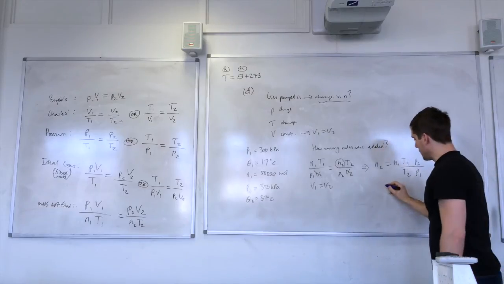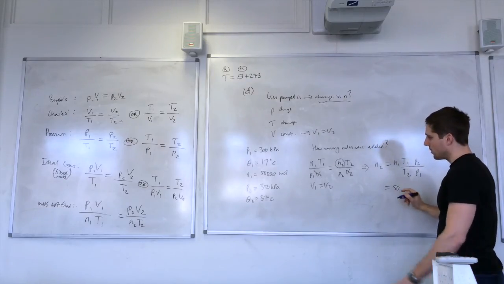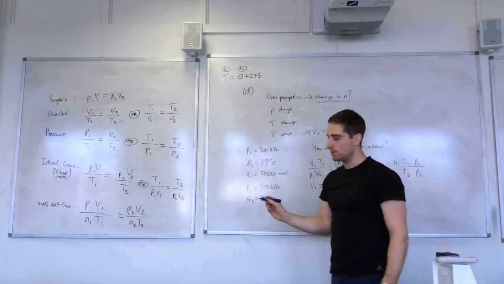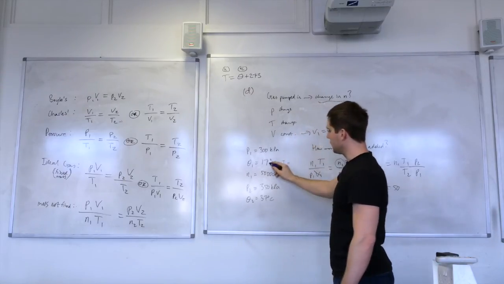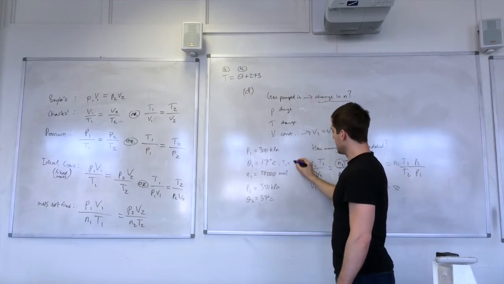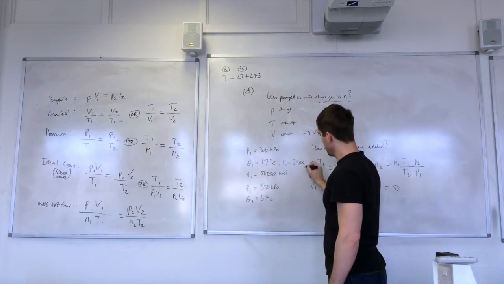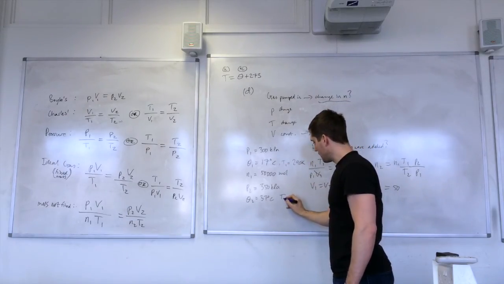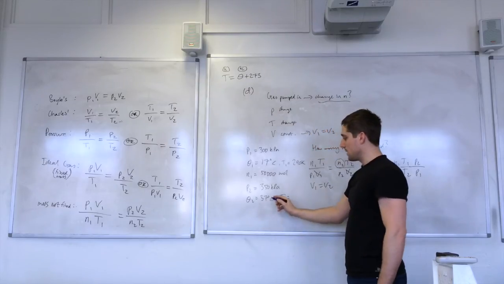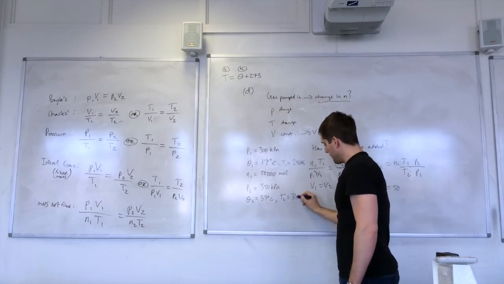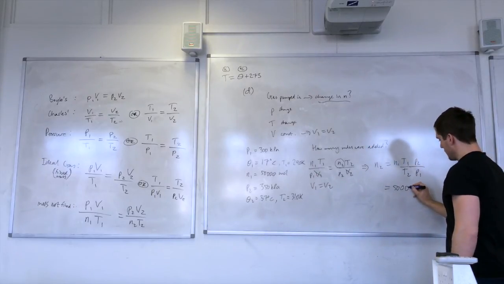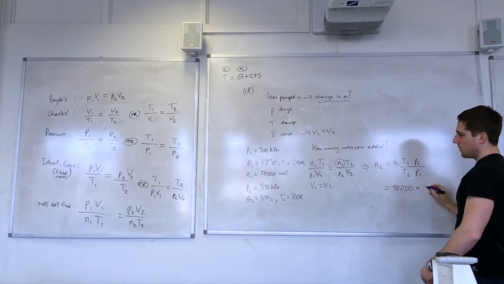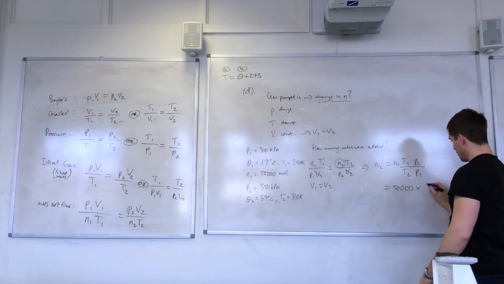Okay, I can put my values in now. It's 50, oh no, I can't, because I need to convert these into Kelvin. So T1 is equal to 17 plus 273, that's 290. And this T2 is equal to 310. Now I can put my values in. T1, 290.